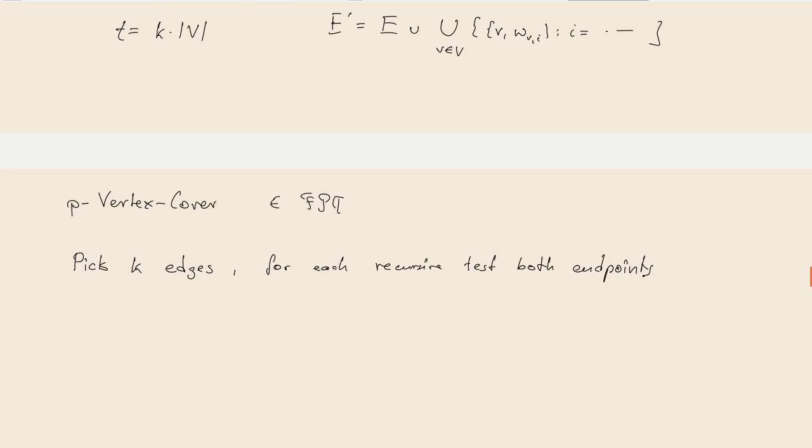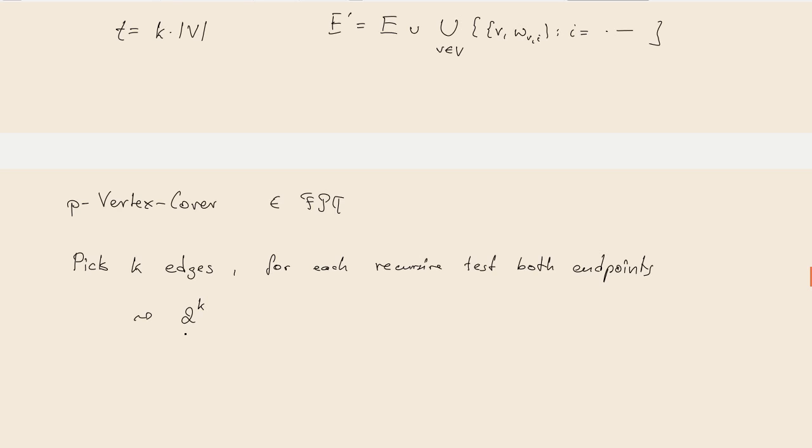So as I said, deliberately unspecific. But it's clear that there are only 2 to the k different combinations. And that gives you just 2 to the k different candidates for a solution. And you can check whether any of these is a vertex cover.